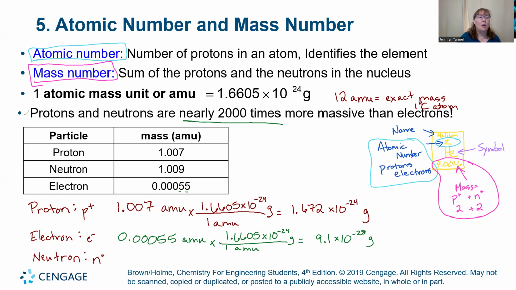Okay, so let's look at one more. Let's do our neutrons down here. And neutrons are only a tiny bit heavier than protons, okay? And so we have 1.009 atomic mass units. And again, that conversion, one atomic mass unit goes with 1.6605 times 10 to the negative 24th grams.